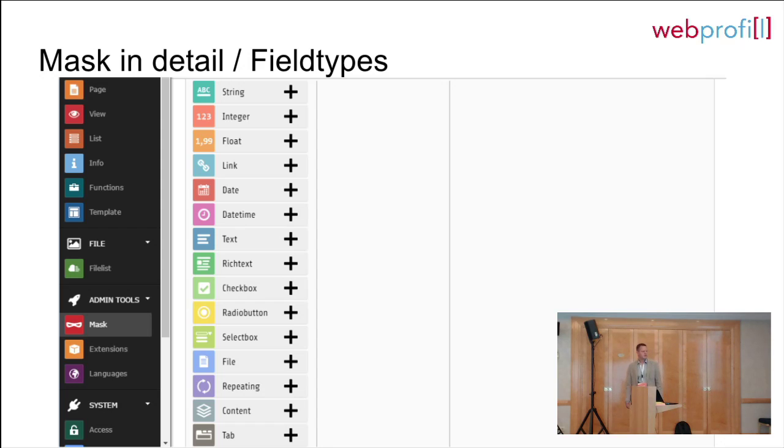Then repeating content is the IRRE, inline relation element. Content is nested content. And the last one is the tab. It's a divider. If you have an element with a lot of fields, you can divide it into tabs for the editor in the backend. So it's easier to use.